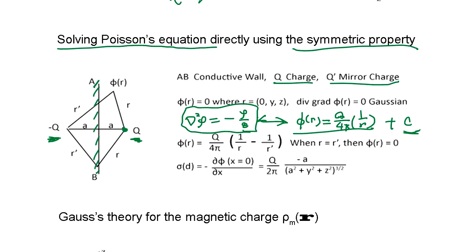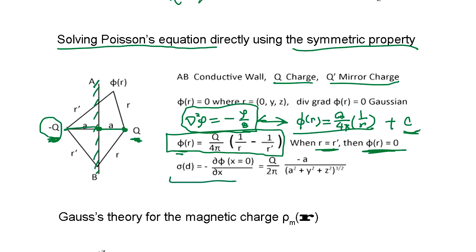So potential is always subject to a constant, depending on the reference point of the potential. Now, having this mirror image, we can come up with this equation, and this satisfies the condition that R equals R prime, the potential is 0, because from here to here, this is the center point, the potential is 0.